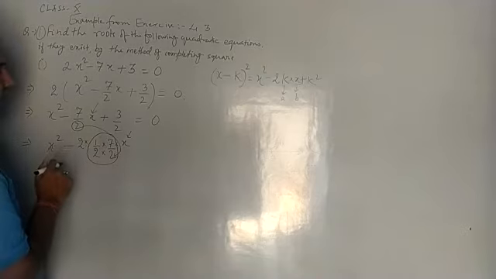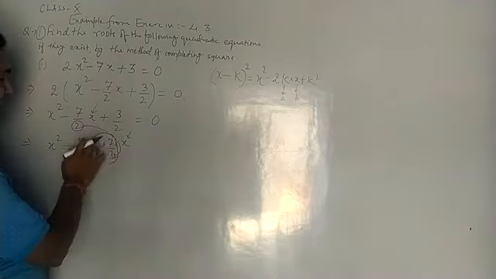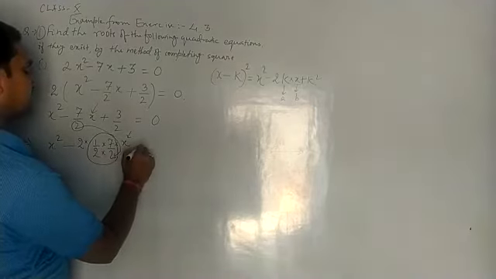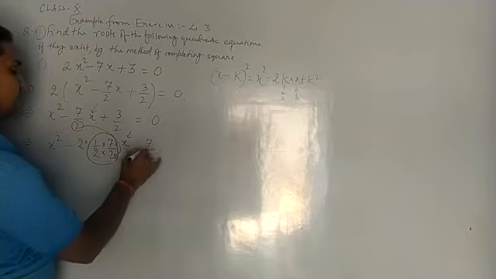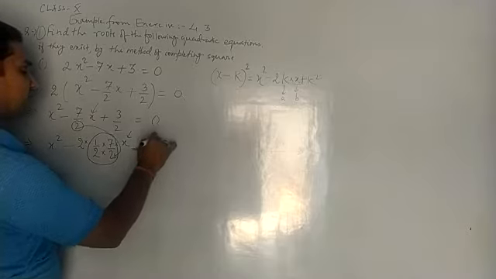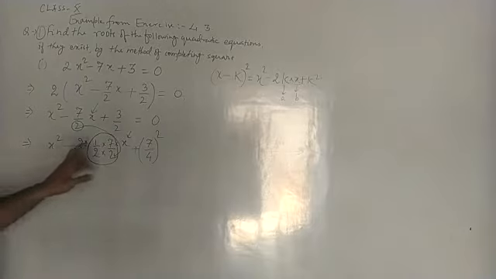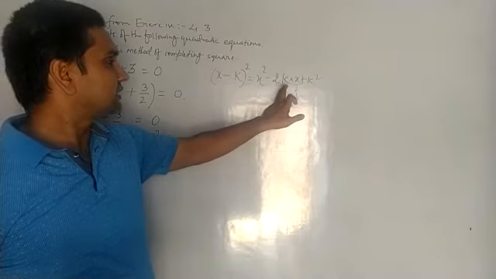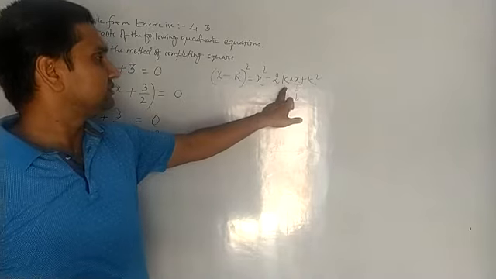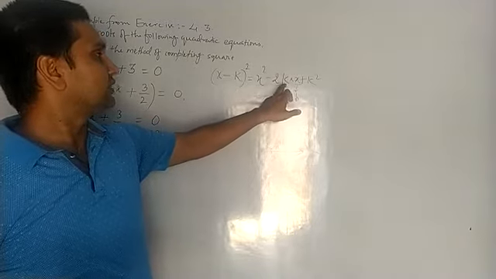If a minus b whole square we are doing, the x is coming here. So what should be there? This whole term should come like 7 by 2 to the 4, 7 by 4 whole square. Look what we did: x square minus 2 into x into b, 2 into x into b, so plus b square.